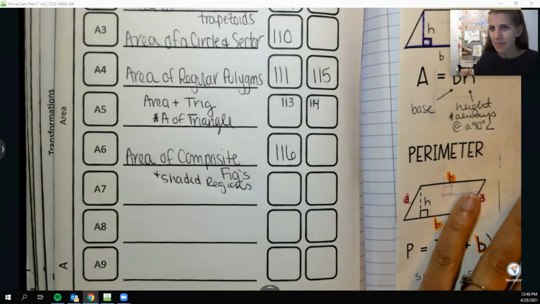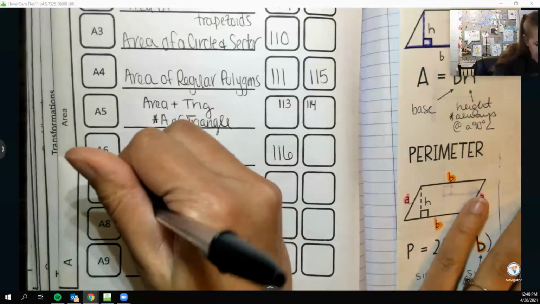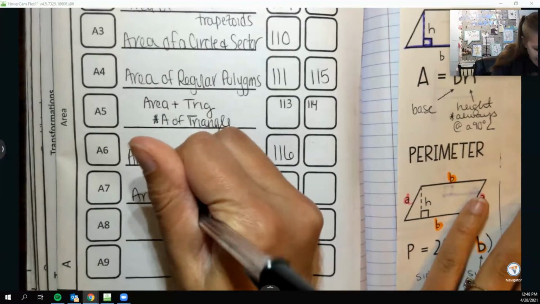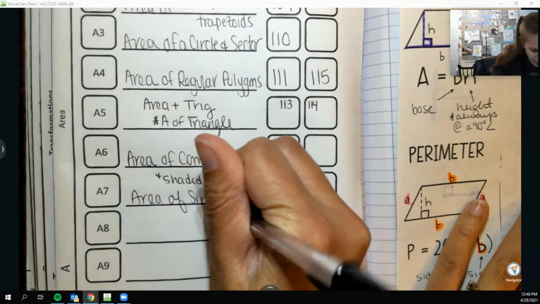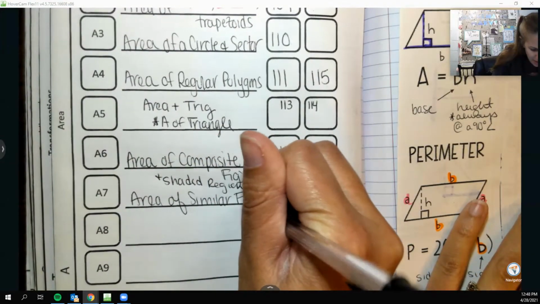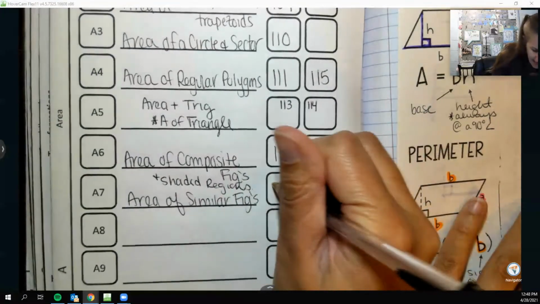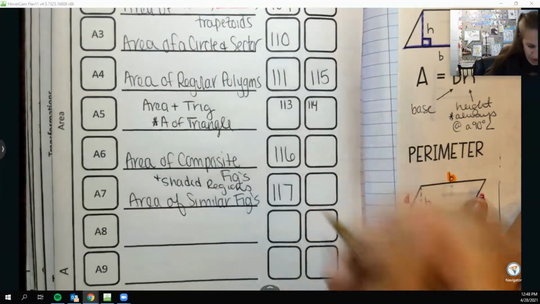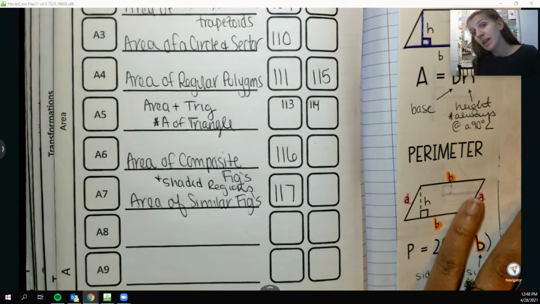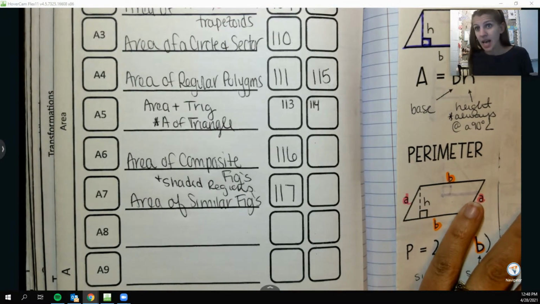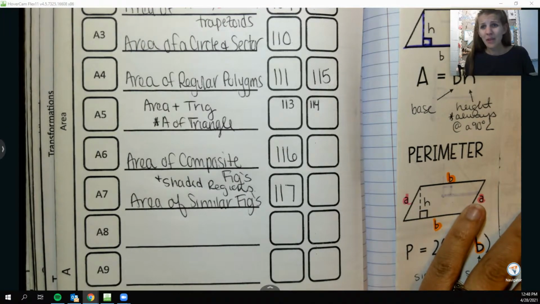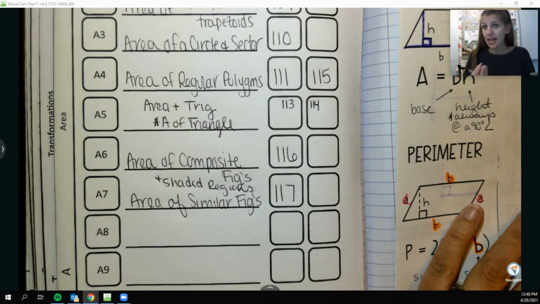All right, guys, last topic on area, and we're going to talk about area of similar figures. And we've kind of hinted at this a couple times. We're going to do that on 117. When we were doing the area of the regular polygons, like whenever I have a hexagon, it's always the same little triangle that I'm looking at to find the apothem and half the side.